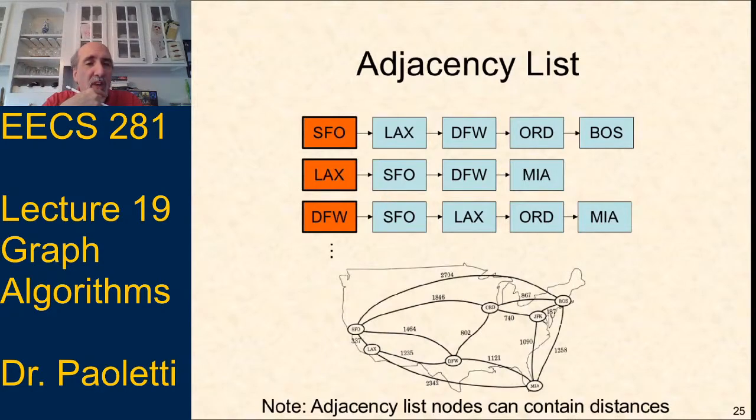So what this is saying is if you start at SFO, you can go to any one of these. You could go to LAX or DFW or Orlando or Boston. You can make any one of those four. It doesn't mean you have to go in the order listed. It just means this is the order that we listed them in. Starting at SFO in orange, you can reach any of the blue ones.